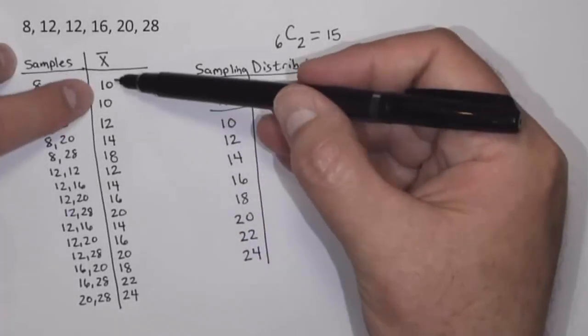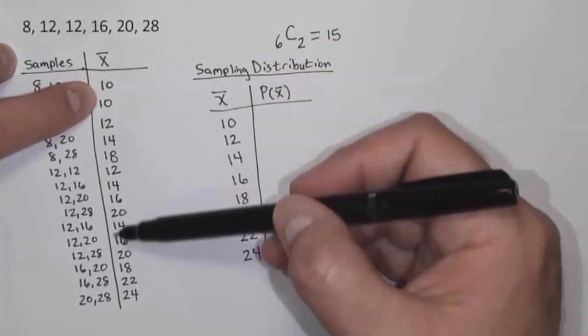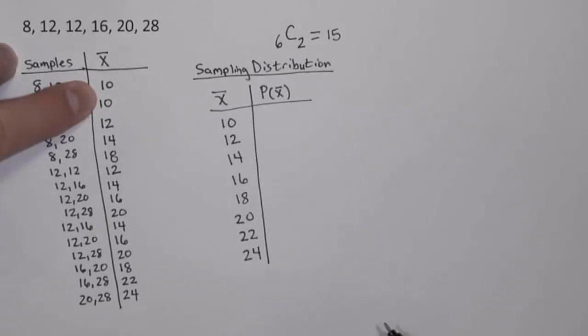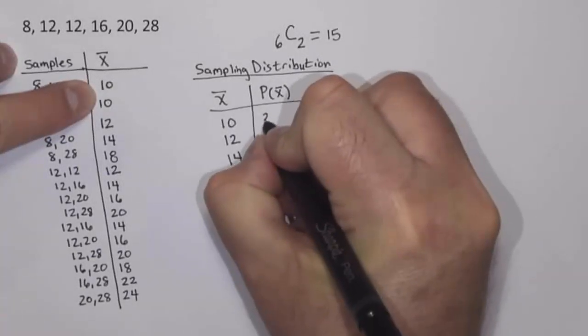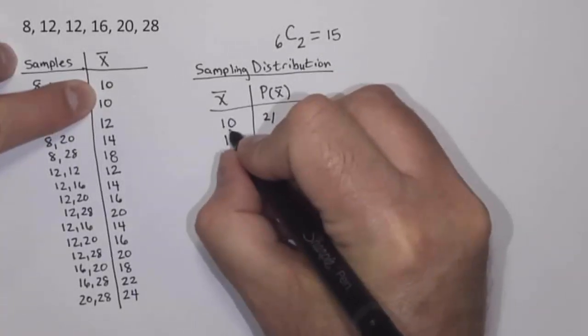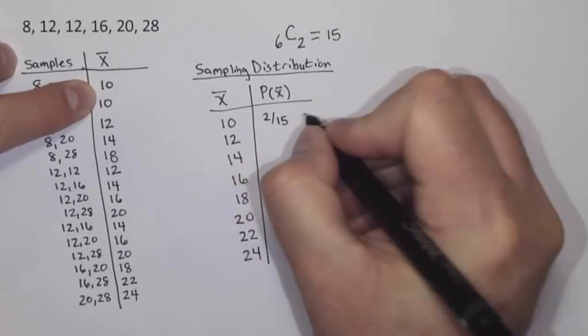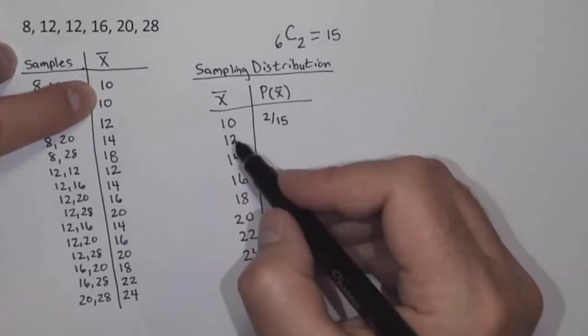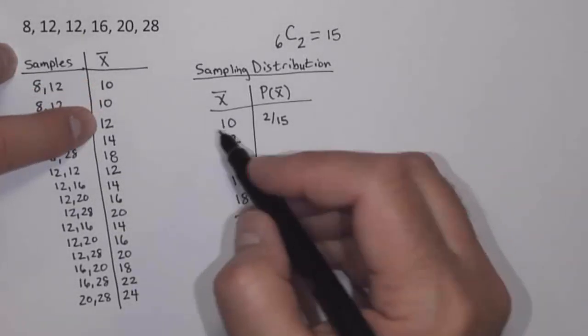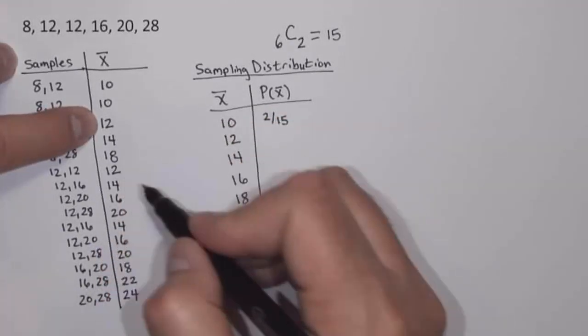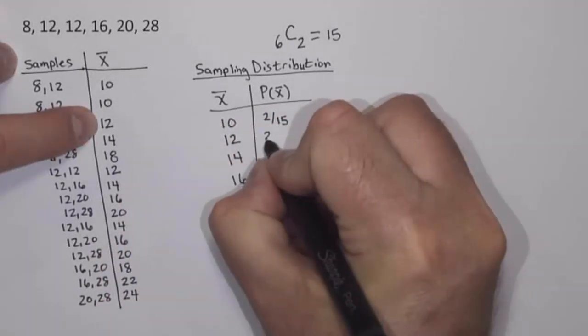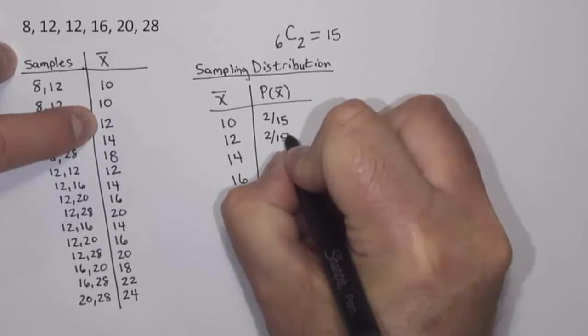Well, there were 2 different ways that I could get a 10 out of the 15 different X bars that were possible. So that probability of getting an X bar that equals 10 would be 2 out of 15. What about getting X bar of 12? Well, there was a 12 here and a 12 here. So there were 2 different ways of getting 12 out of 15.